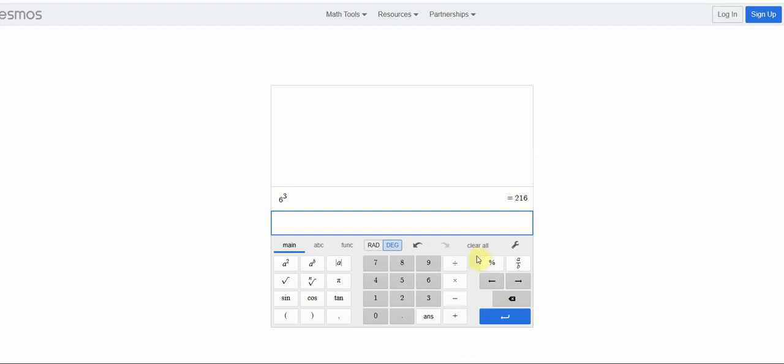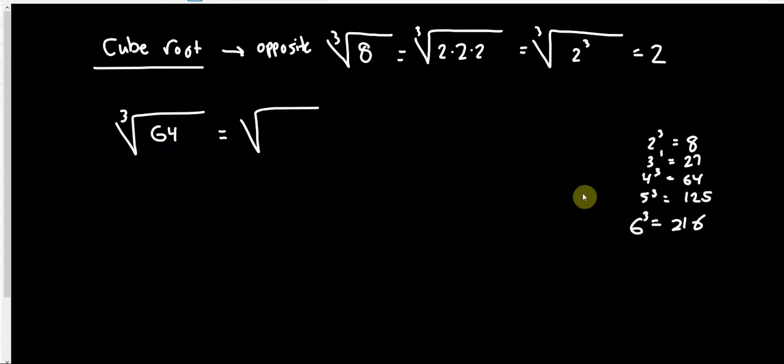We can keep adding other things to this if you wanted to. 7 to the third. This is once again the Desmos calculator, which is free online, which is a good calculator for you to use. 7 to the third is 343. So we could get all the perfect cubes over here.